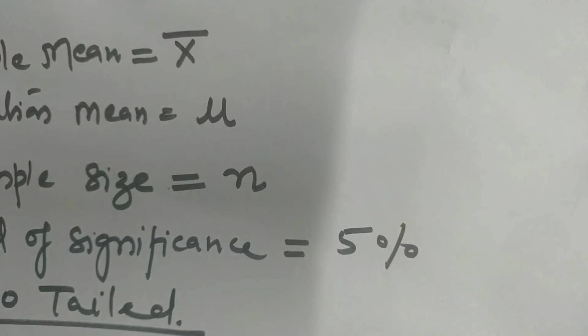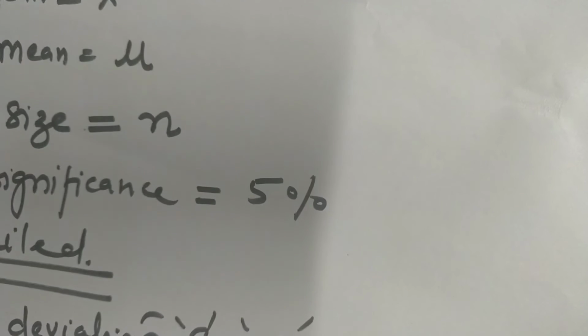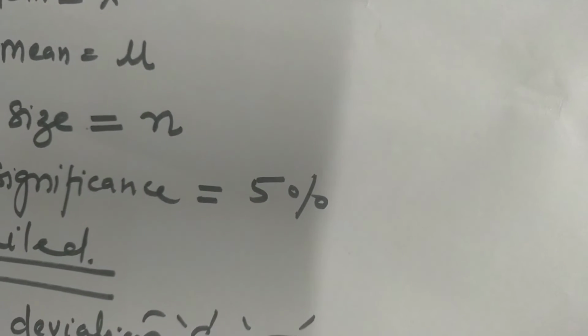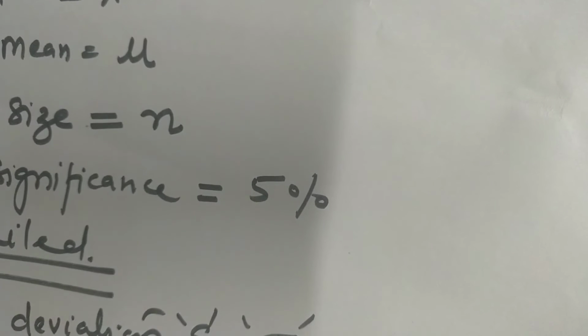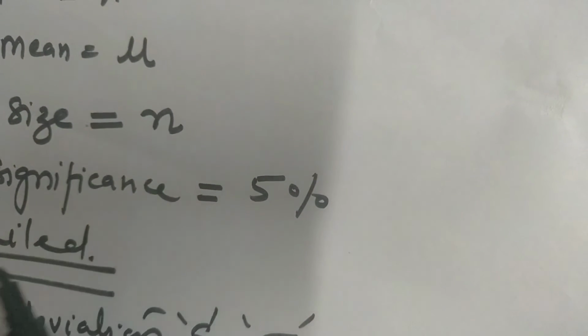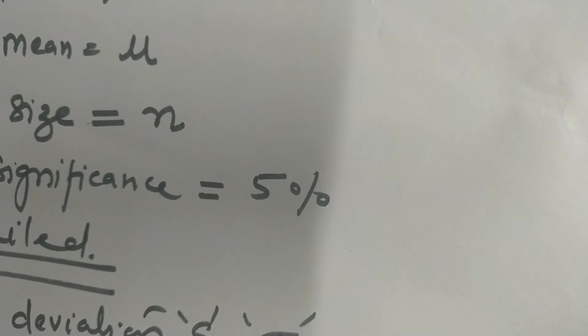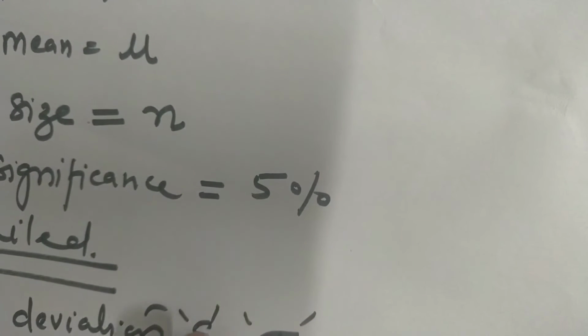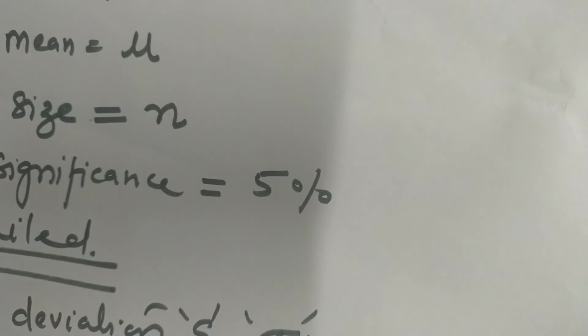Based on that, the question will be to calculate the z value. The first step is to identify and state the null hypothesis based on the question. Then you calculate the z value, and based on the z value you can say whether you can reject the null hypothesis or fail to reject.